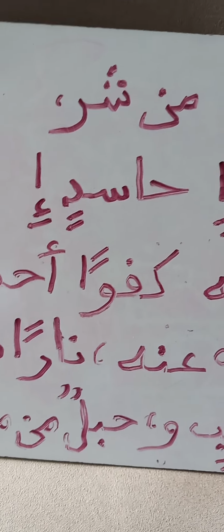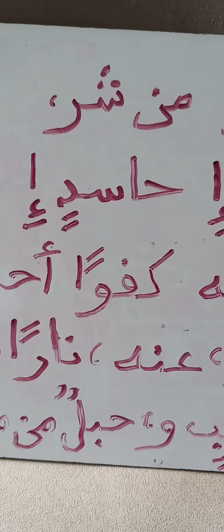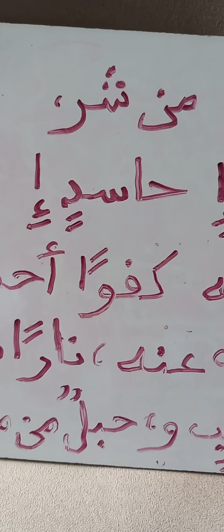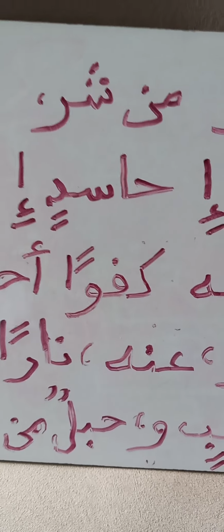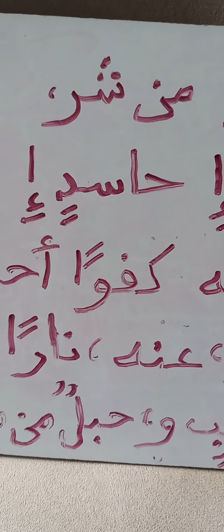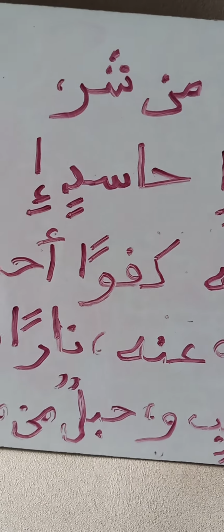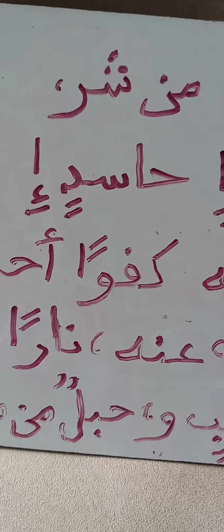Those are heavier nasalizations, but there still is no combination of the letter in the nun sakin or the tanween. That's the difference between the ikhfa and the idgham. With the idgham, you have the combination of letters. With the ikhfa, you don't.